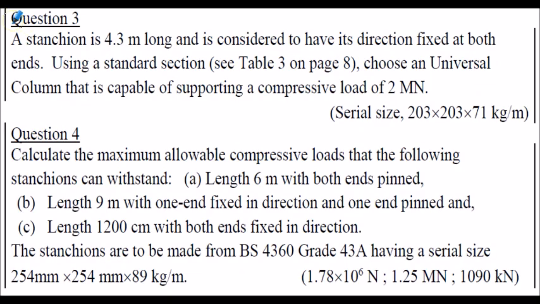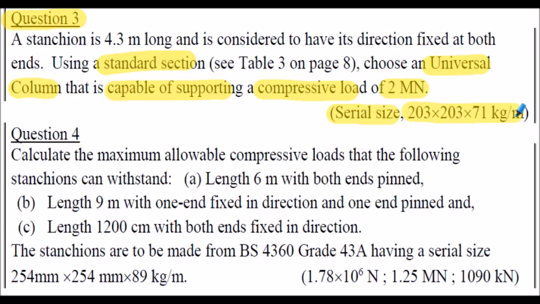Here's question 3. We're asked to design a stanchion using a standard section from our respective tables, which relates to a universal column, capable of supporting a compressive load of 2 meganewtons. The answer for the serial size is shown in the bracket here. Question 4.